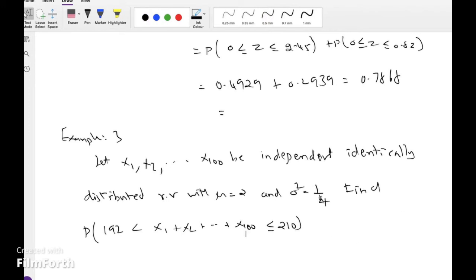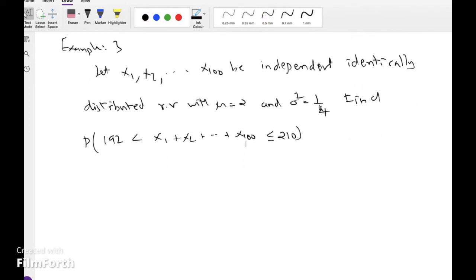In previous problems, they asked us to use the central limit theorem. But in this problem, independent identical distribution is indirectly given, the Lindeberg-Levy form. So here, solution. Let Sn equal to x1 plus x2 plus etc. plus x100.